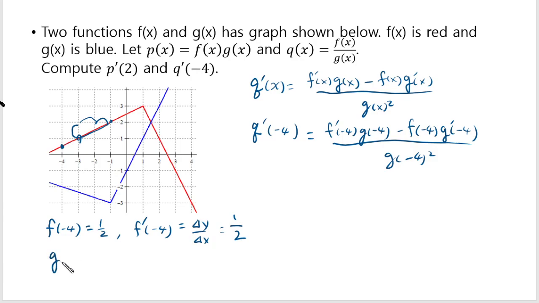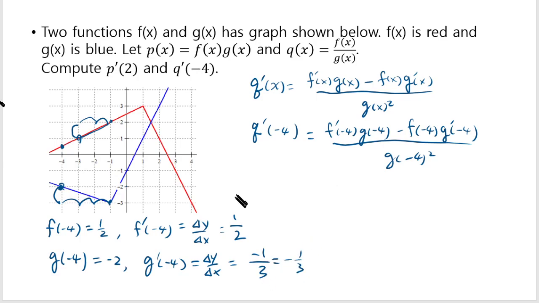How about g(-4)? g(-4) is -2. So right here it's -2. For g'(-4), we'll pick these two points. That's a straight line, so we just have to figure out the slope. You go down 1 and you run 3. So change of y over change of x is down 1, run 3. So it's -1/3. Okay, so we have all these values.